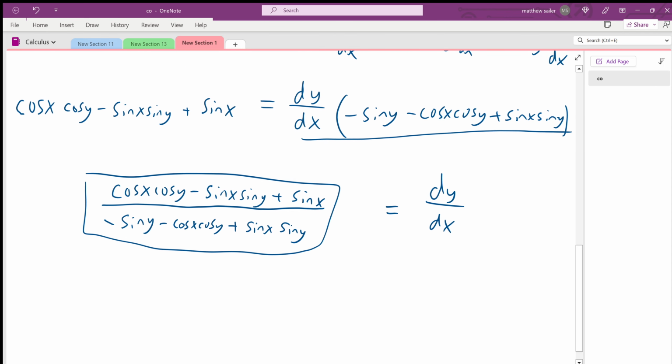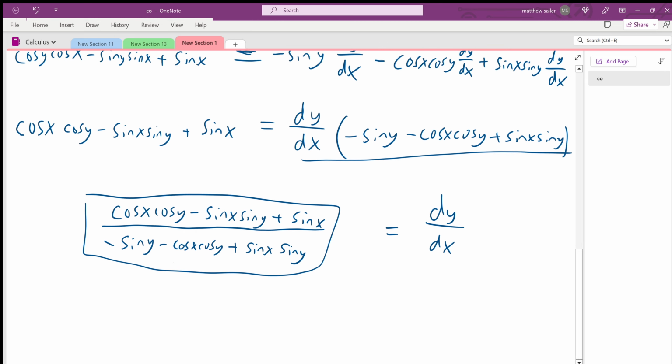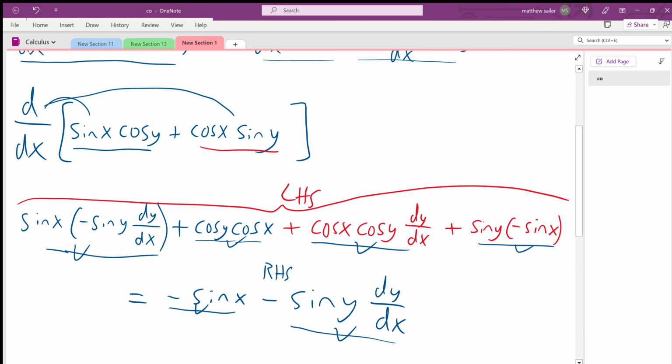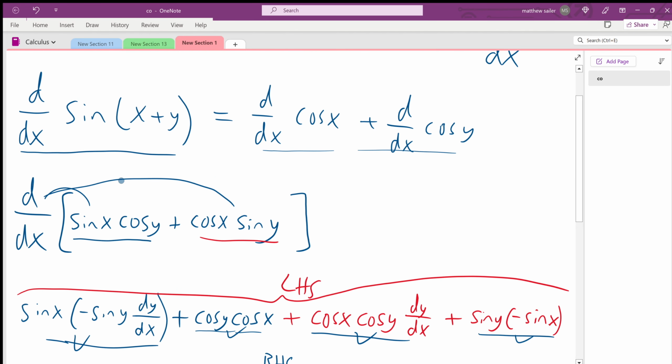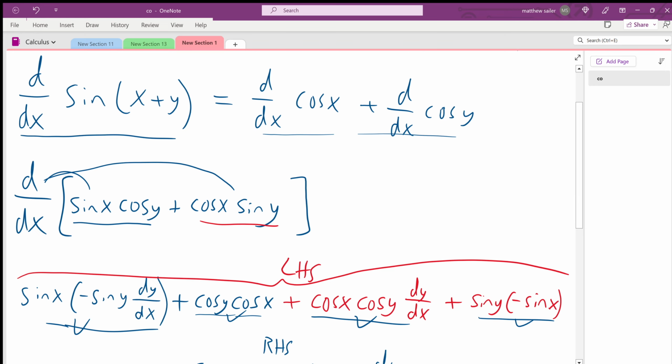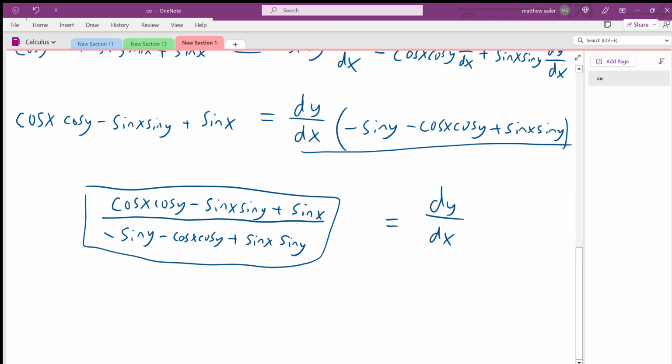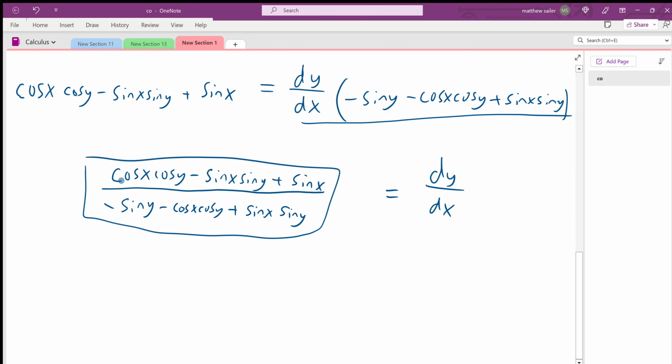Like we did in the beginning, we had a trigonometry rule that converted, what was it, sine of x plus y into two pieces that had multiplications, so an addition of two trigonometry terms that were multiplied together. What we can do is turn this back into something more condensed, like what we started from.